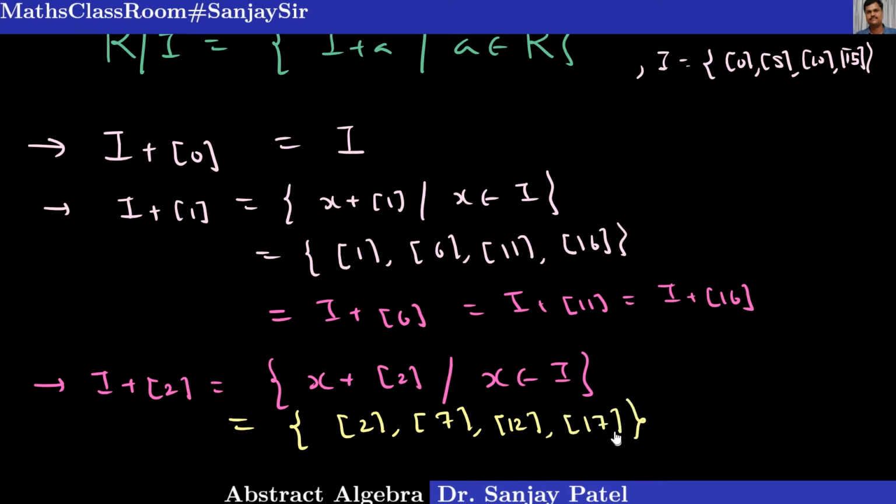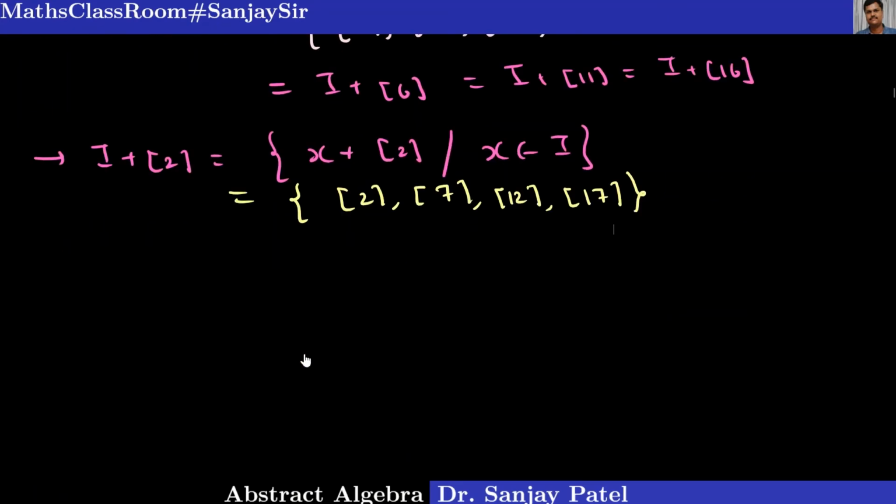Okay, so this is my set I plus 2. Again, since 2, 7, 12, 17 belong to this coset, it is same as I plus 7. It is also same as I plus class 12. It is also same as I plus class 17. Remember, we are using the fact that if b belongs to Ha, then Ha is equal to Hb.